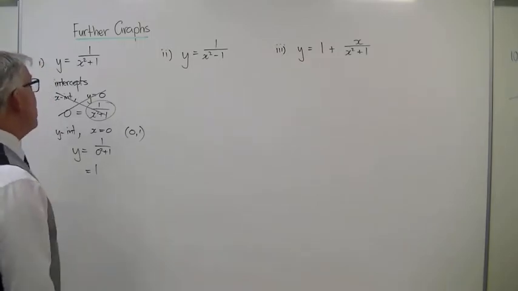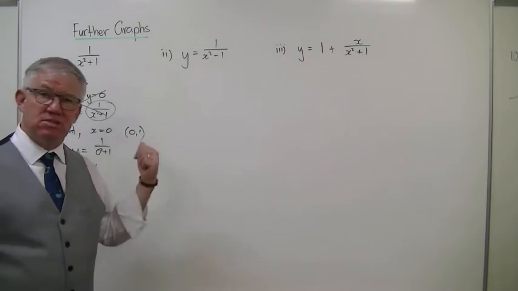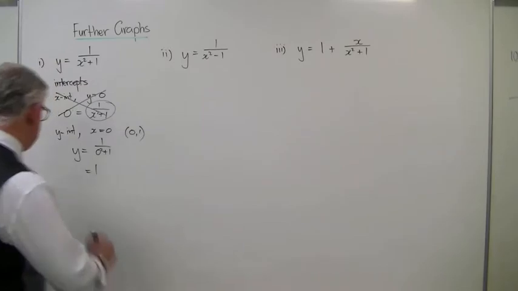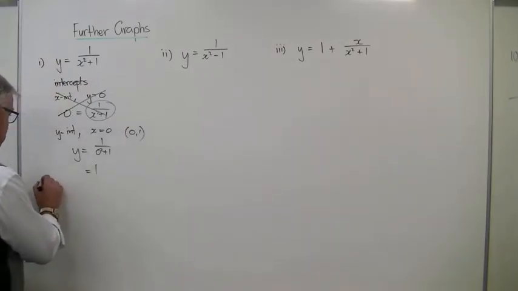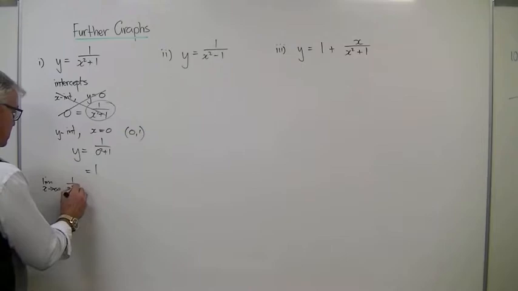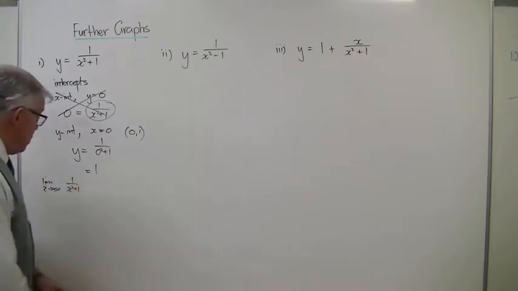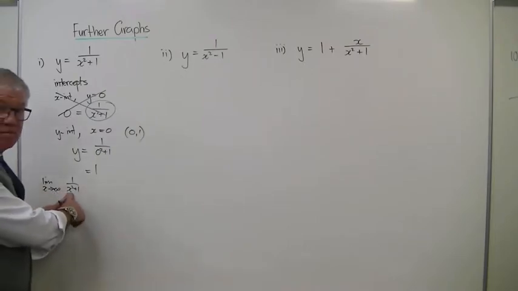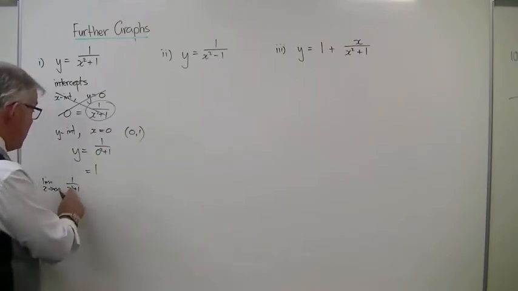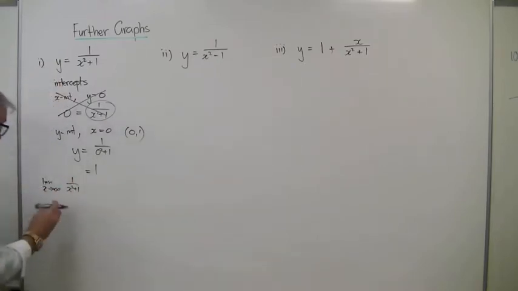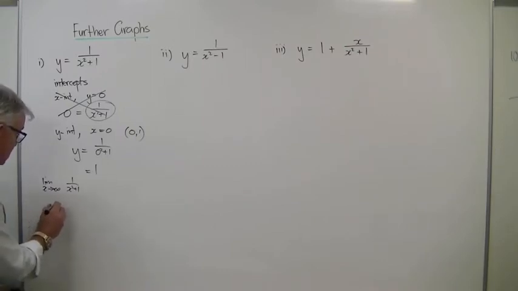Now the other thing that would be quite helpful for us to figure out is what happens to this function as x gets extremely large. So the limit as x approaches infinity. The limit as x approaches infinity of 1 on x squared plus 1, what we can see is that as x becomes very, very large, x squared becomes much, much larger, and 1 on an extremely large number is very small. So the limit of this function will actually be 0.